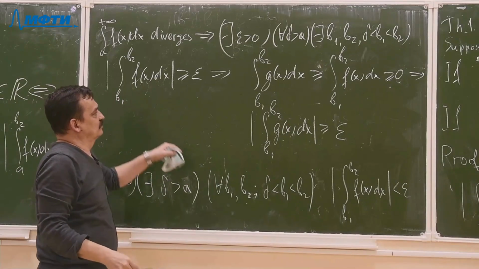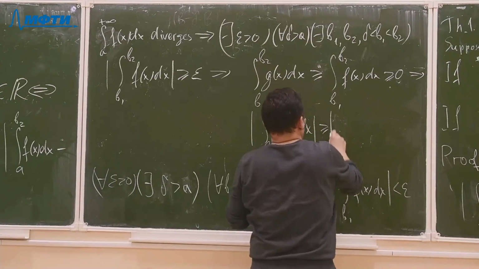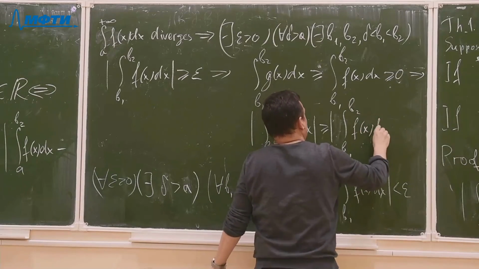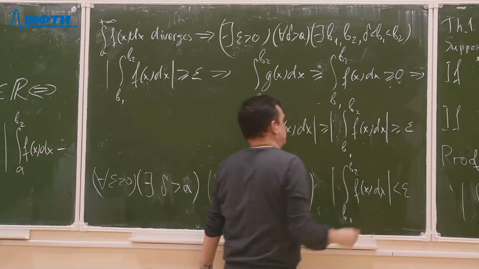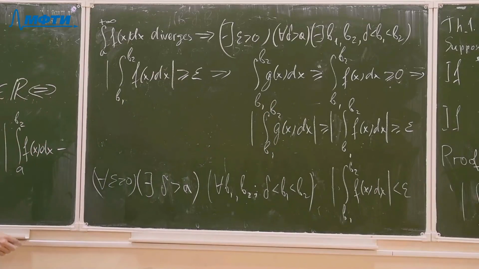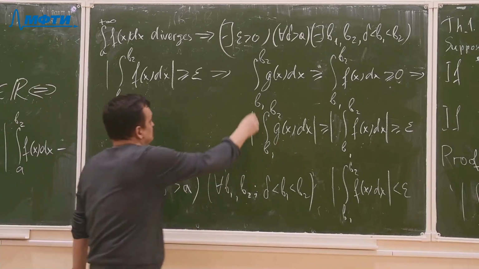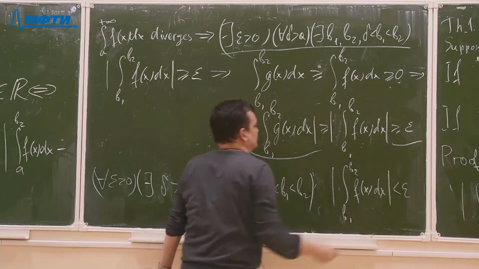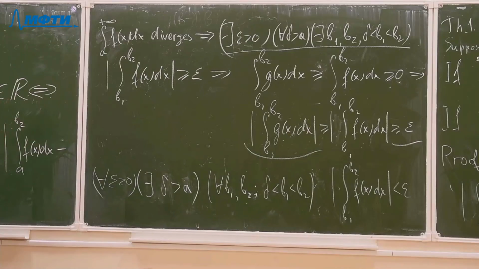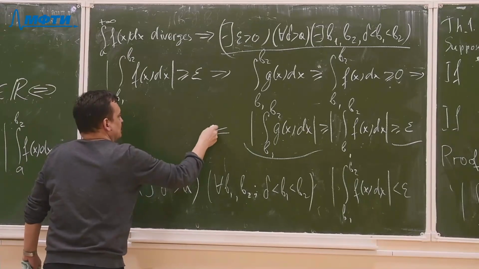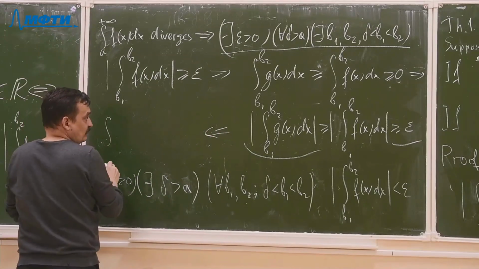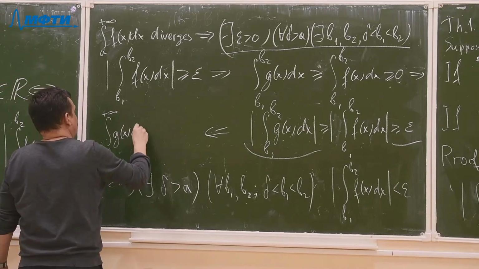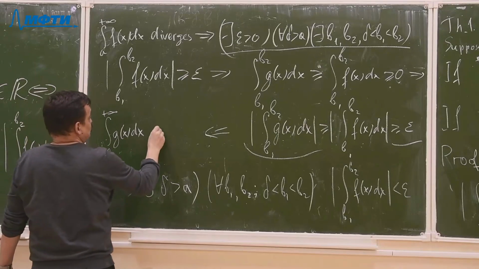Because the integral from b1 to b2 of f of x dx is greater or equal than epsilon. And once again, all quantifiers together, they say that the integral from a to plus infinity of g of x dx diverges.